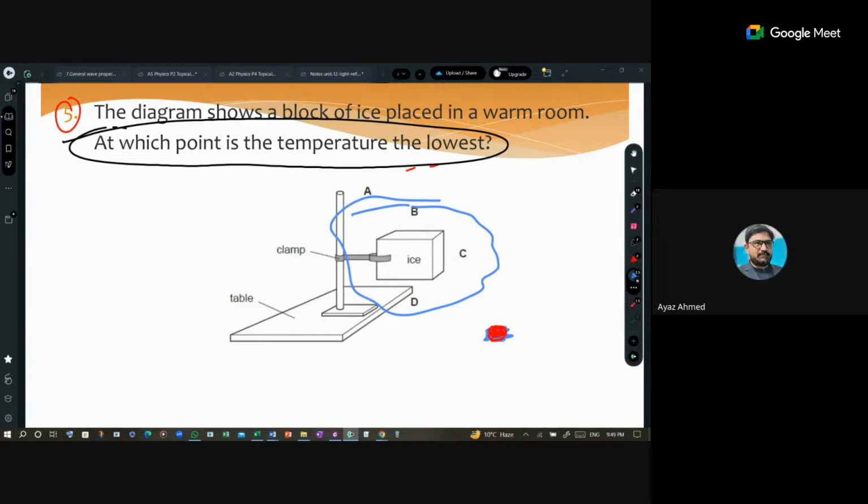Okay, so when the air near the ice block becomes colder, what will happen? It would sink down. It means it will bring the temperature down all around. Got it? So this would be the lowest, where all of the cold air will reach. So this would basically be your coldest point. D. Got it?